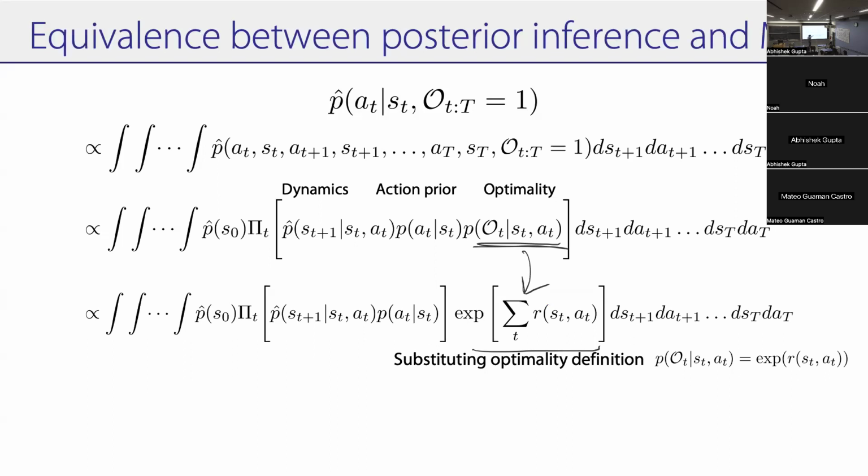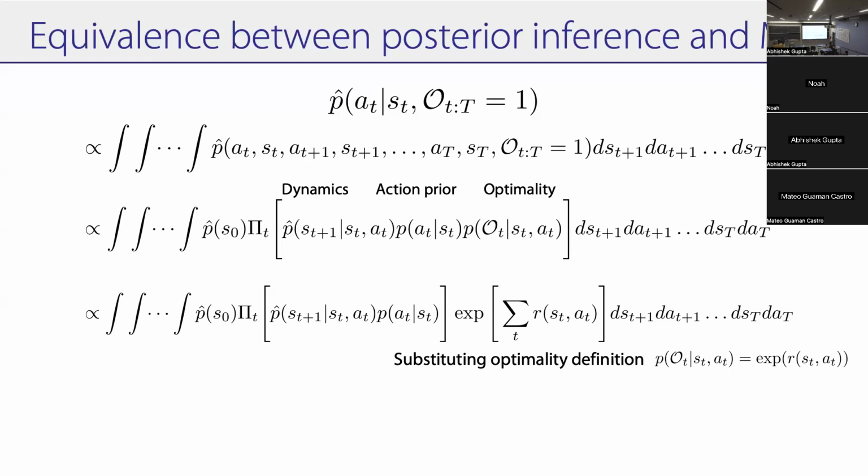So you can show that this is equal to the likelihood under the transition dynamics, the action prior, times the exponential of the sum of rewards from the current time step till the end of time, just by substituting the definition of the optimality variable. That's all we've done. We decomposed the joint and substituted the optimality variable. Now we've gotten the likelihood of transition dynamics times the exponential of the sum of rewards.